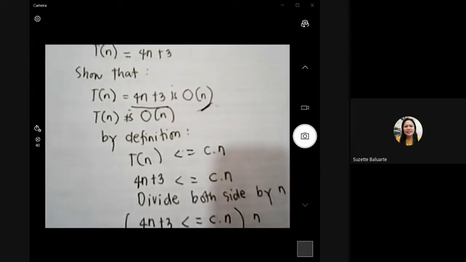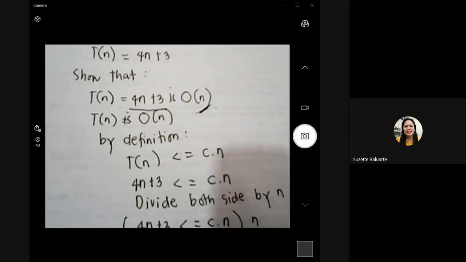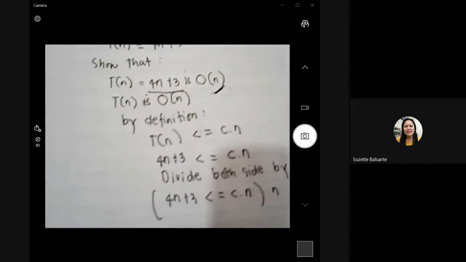In layman's terms, big O goes from big to small. The value of c for big O goes from big to small. As the value of n increases, the value of c decreases. Let's write it.